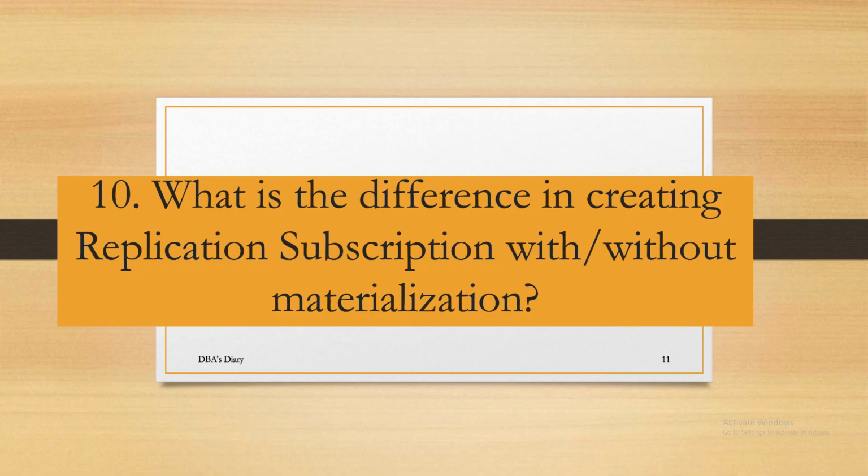Now, what is the difference in creating replication subscription with or without materialization? Materialization is something which I would suggest not to use, but for theory purposes you should know the meaning of it. Without materialization means you already have objects created on the secondary and even data is already available there.